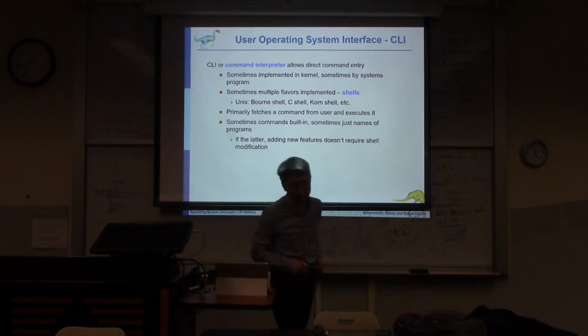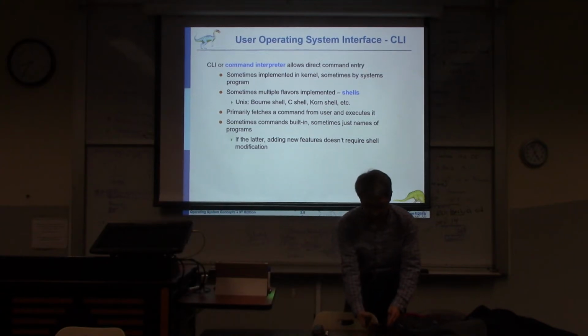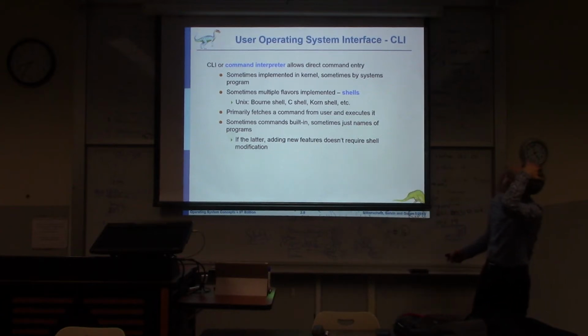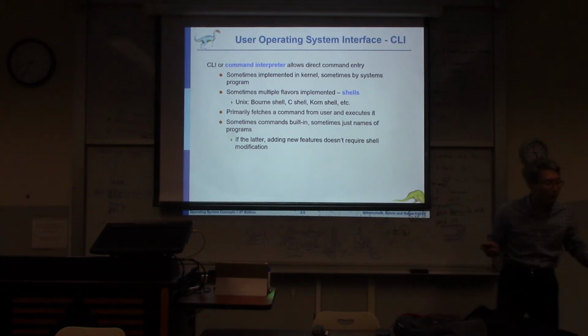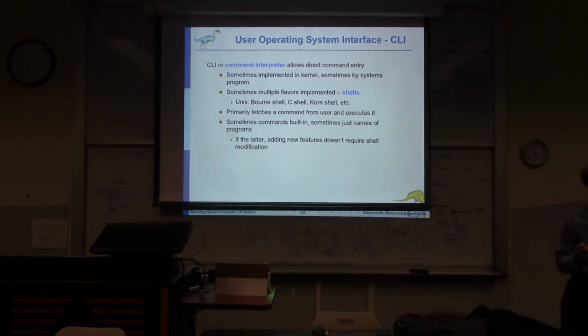So the first one is the command line interface, which is sometimes called an interpreter. What is an interpreter? It's a compiler, but a line-by-line compiler.